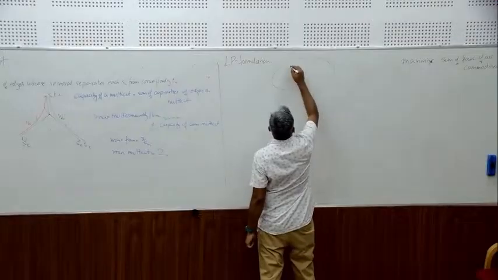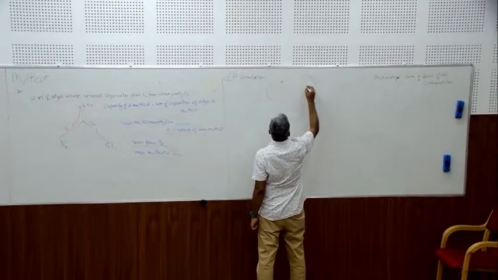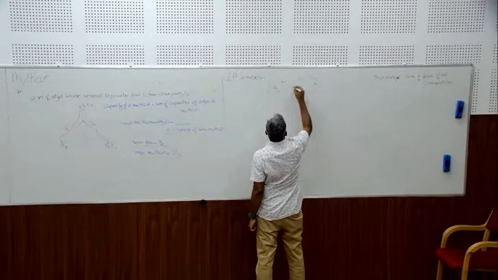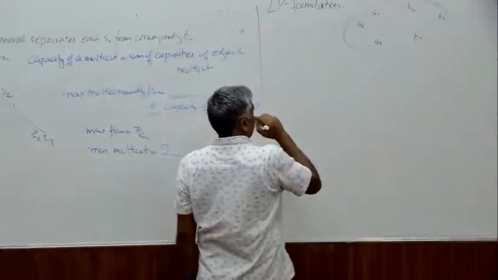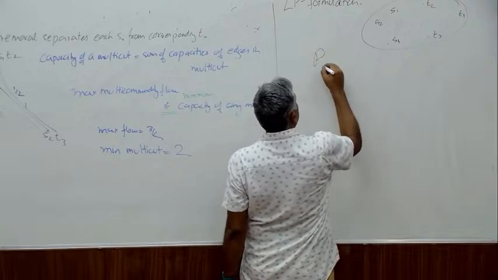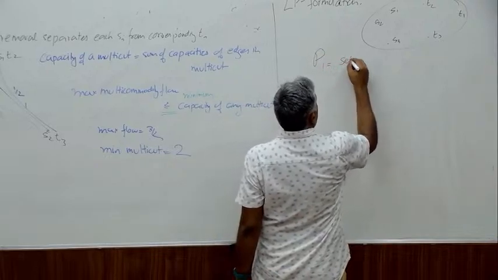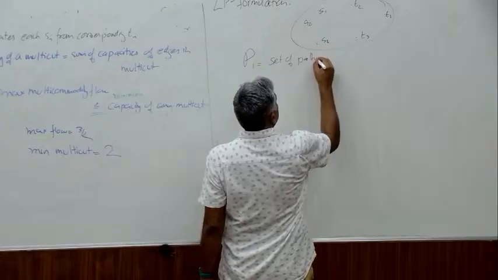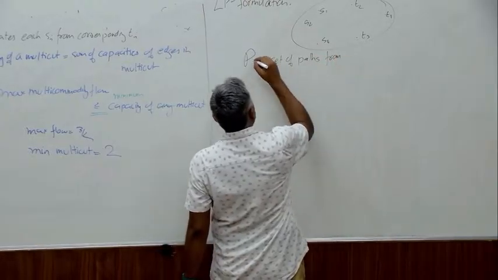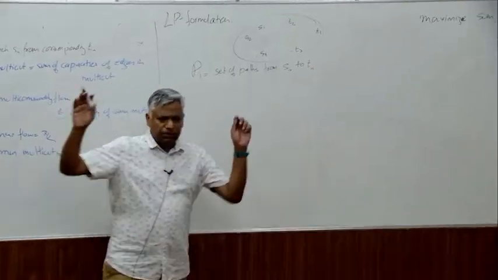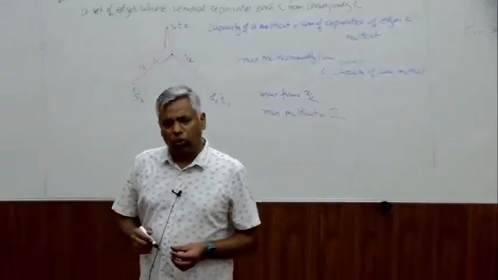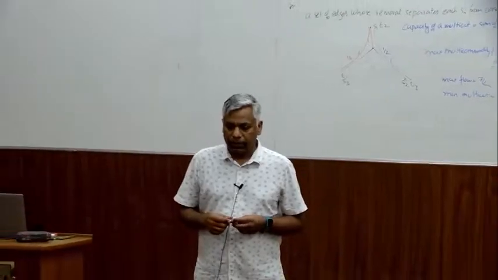So this is my graph. We have S1 T1, S2 T2, S3 T3, and so on. Let me denote by script P_i the set of paths from S_i to T_i.